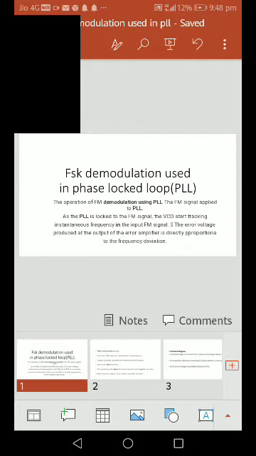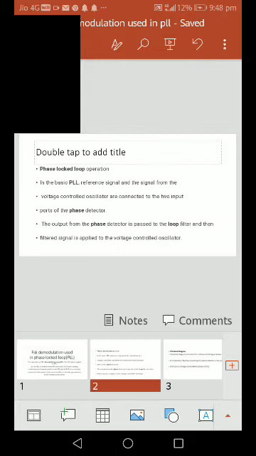Phase lock loop operation is basically the reference signal and the signal from the voltage controlled oscillator are connected to the two input ports of the phase detector.